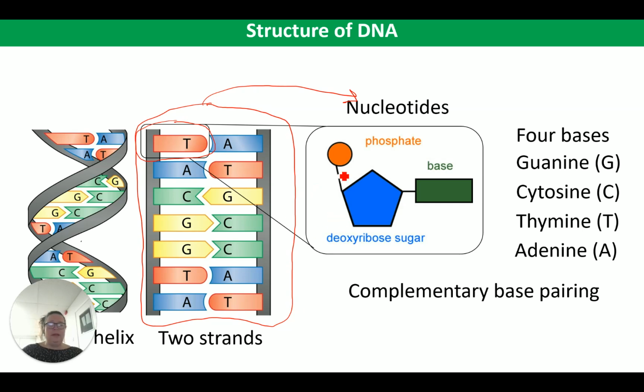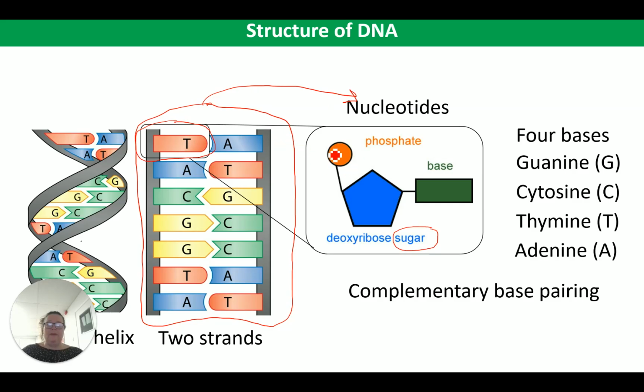And your nucleotide here, if you can have a look, consists of three things. The blue sugar, now it's called here a deoxyribose sugar because DNA stands for deoxyribose nucleic acid. However, for your GCSE you can say sugar, that's absolutely fine.